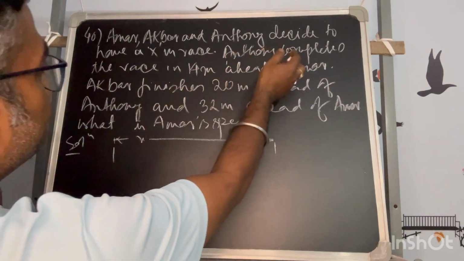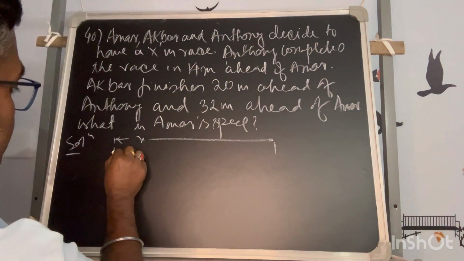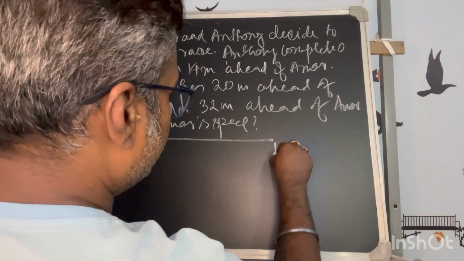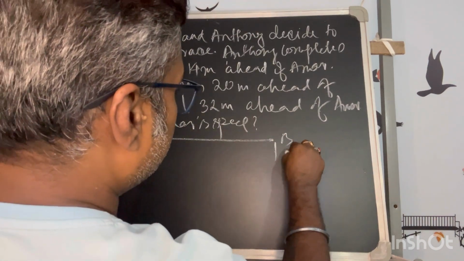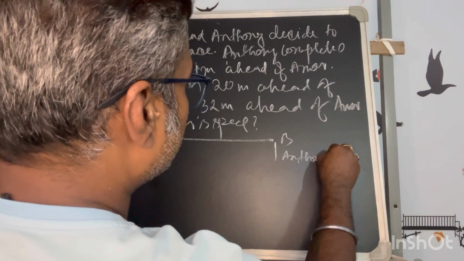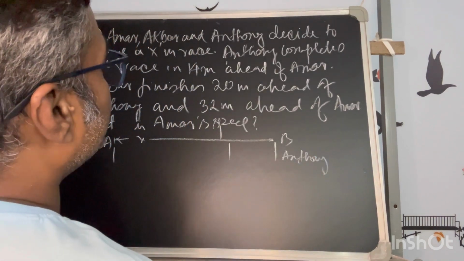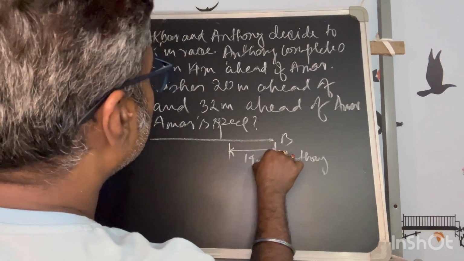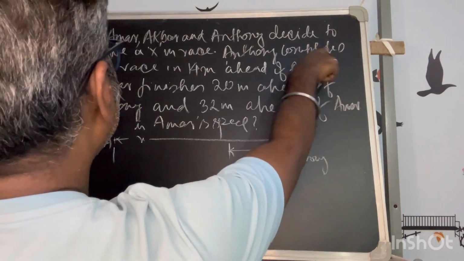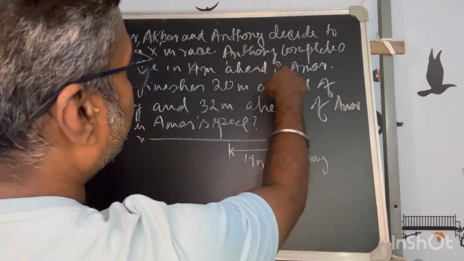Means when we compare Anthony and Amar, Anthony has reached this destination. Let's say this is point A, this is point B, and Anthony has reached there where Amar is 14 meter behind. Why? Because Anthony completes the race 14 meter ahead of Amar.